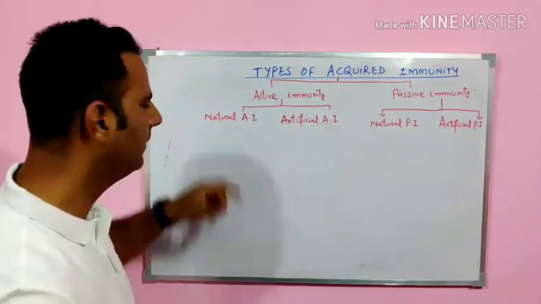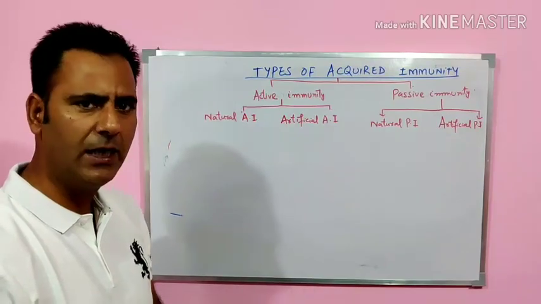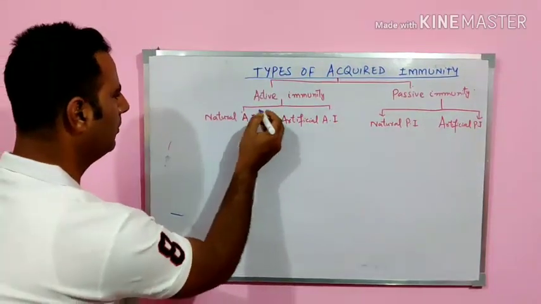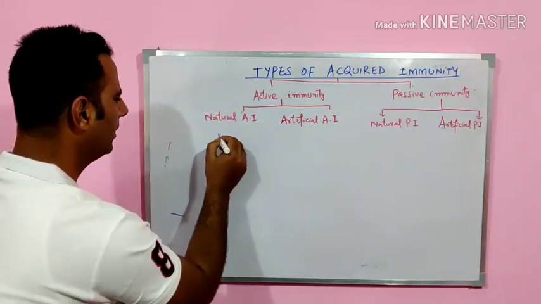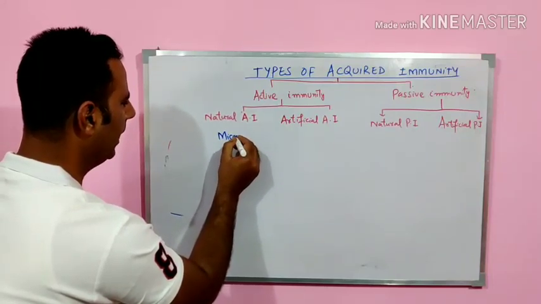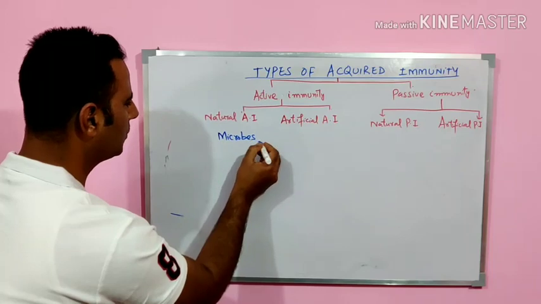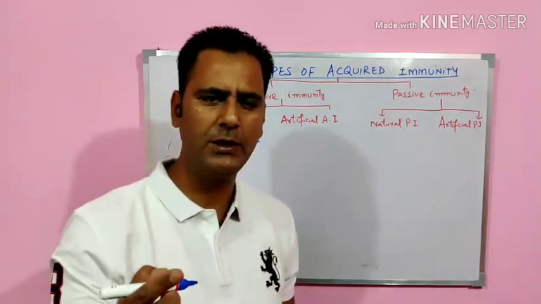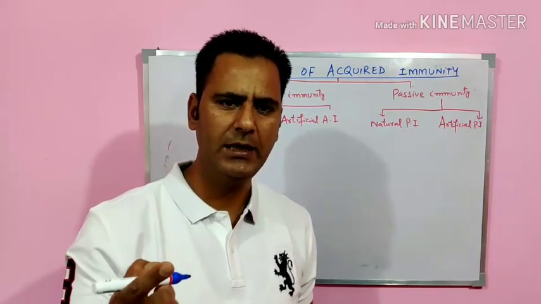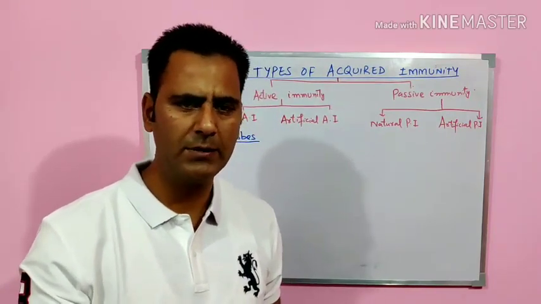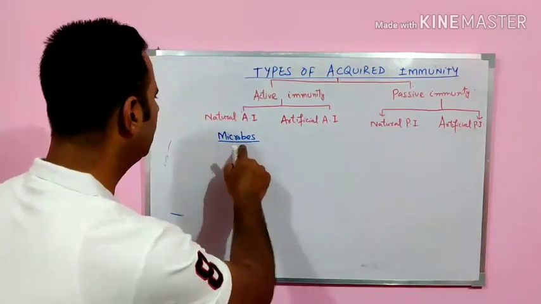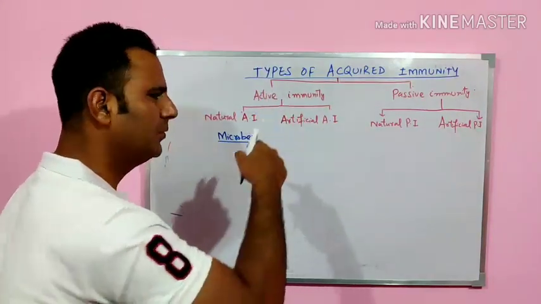How can we activate it in a natural way? It is very simple, because we can activate this immune system by directly microbes. If there is any pathogen, any invader, maybe a bacteria, maybe a virus, maybe a protozoa, maybe a fungi, this invader will definitely activate our immune system.